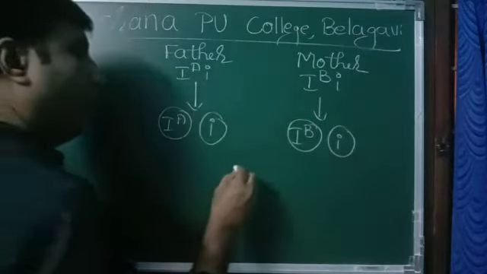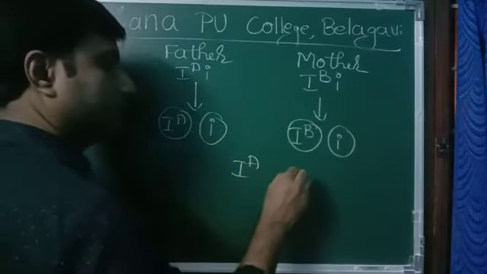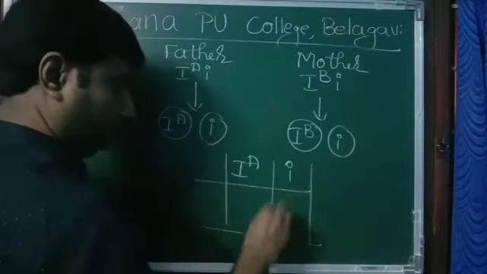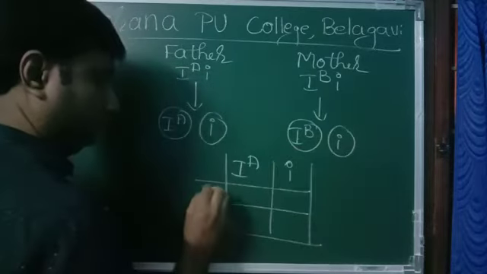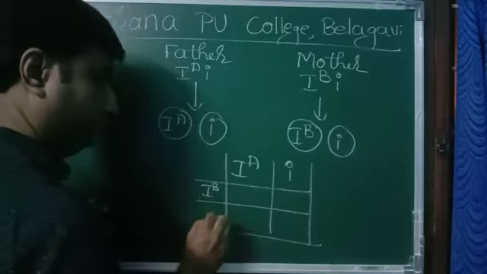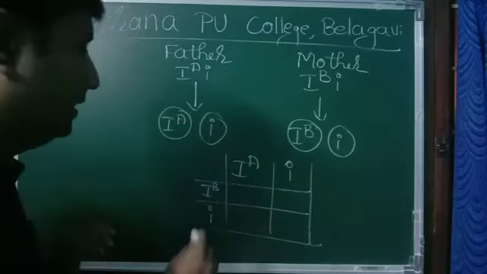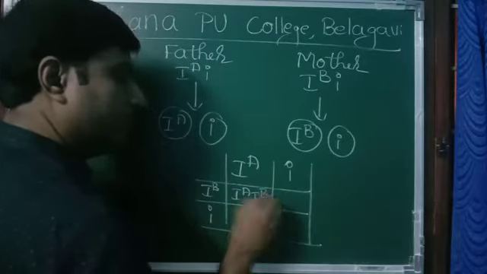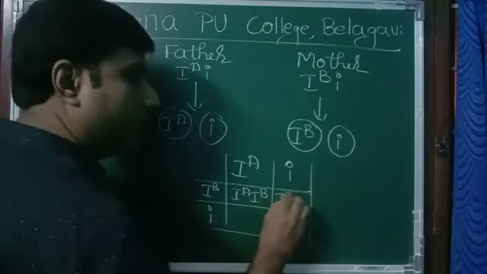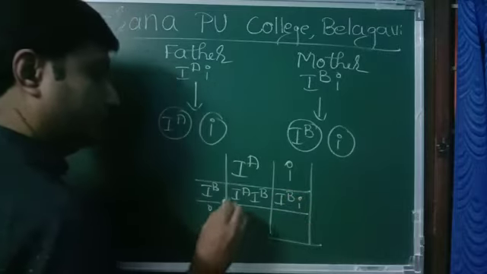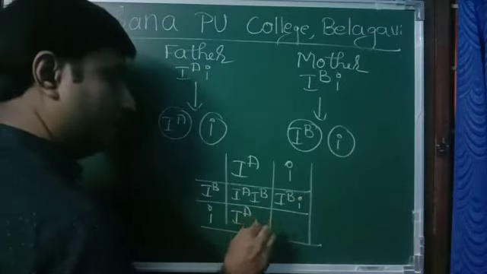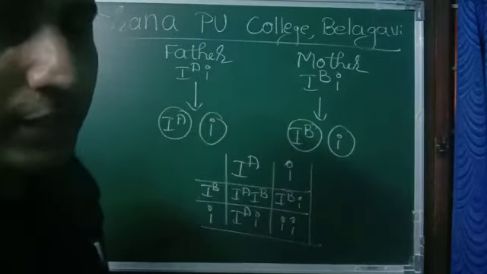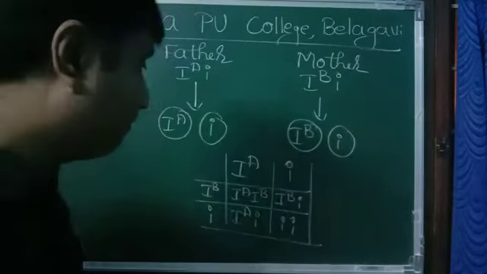So when we go for checkerboard, okay, just see here, IB, this is IB small i. This is IA small i. This is small i, small i. So let us see what type of blood group their children can have.